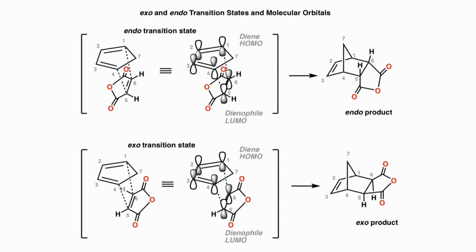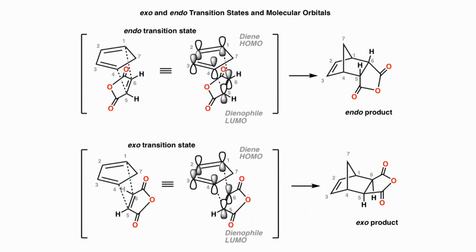So when we consider these two transition states, the endo transition state and the exo transition state, we can see that the only difference between endo and exo in these two images is either the oxygen in the ring is pointing to the left and it's kind of underneath the diene, or the oxygen in that ring is pointing to the right in the exo transition state.